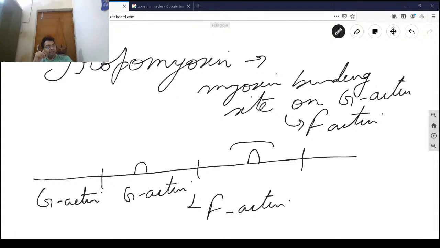The action potential will go through and reach the T tubule, the triad, the T tubule and the terminal cistern of the sarcoplasmic reticulum, if you remember from the last class. That will lead to the opening of the ryanodine receptor, or simply SR receptors, which will start throwing out Ca2+.